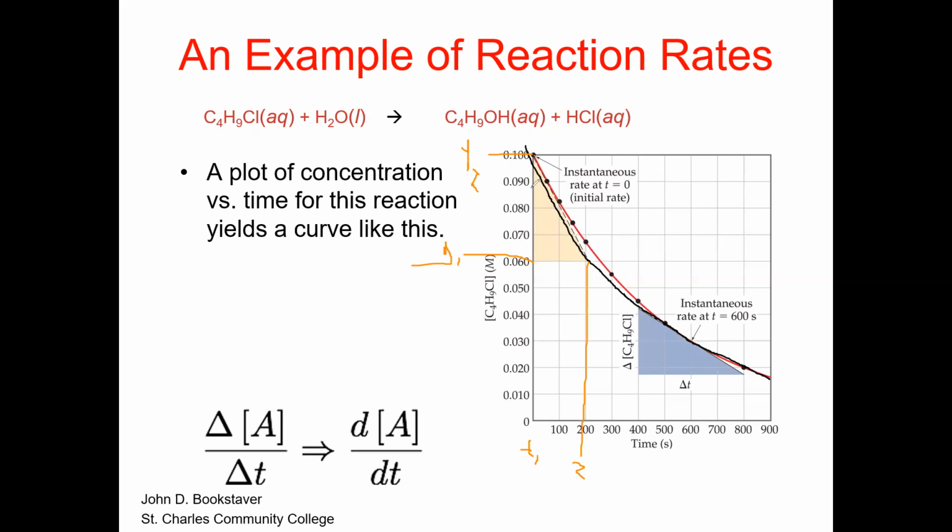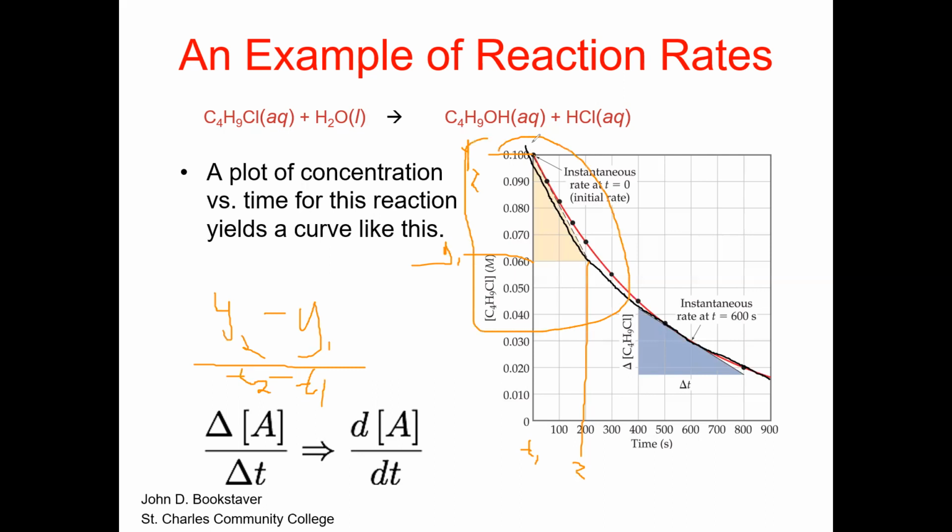It is the same thing to say, for you to get the instantaneous rate at this point, you will say y2 minus y1 divided by t2 minus t1.